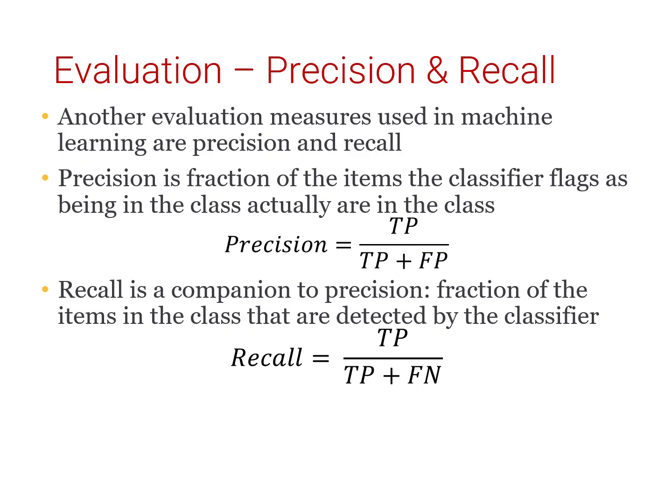This is particularly important in scenarios where false positives have significant consequences, such as in spam email detection or medical diagnosis. On the other hand, recall focuses on the classifier's ability to identify all instances of a particular class. It measures the fraction of instances in a class that are successfully detected by the classifier.